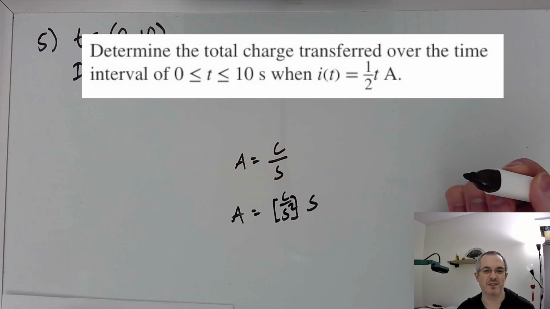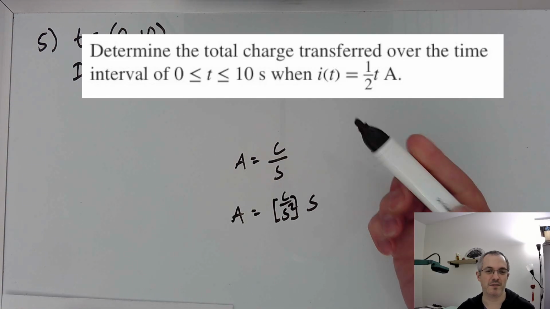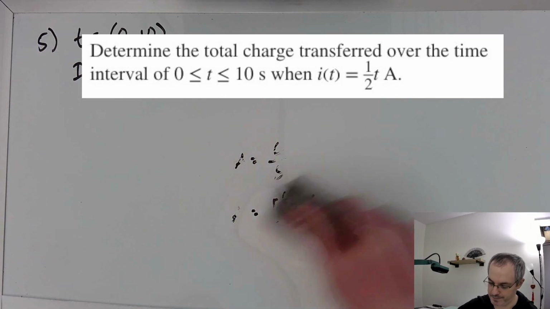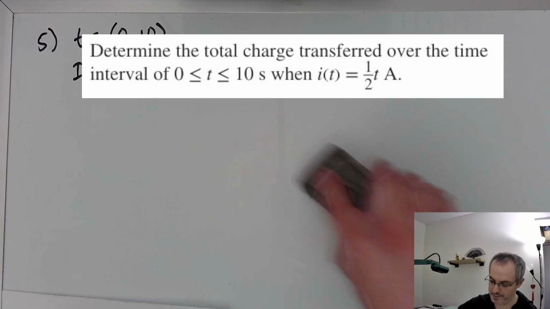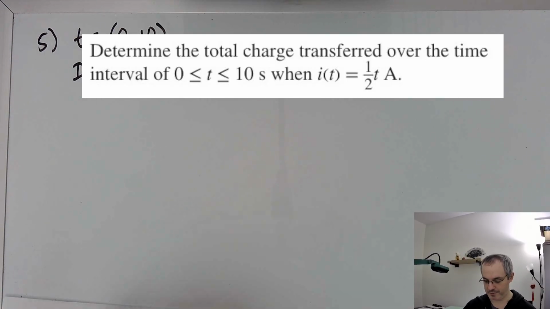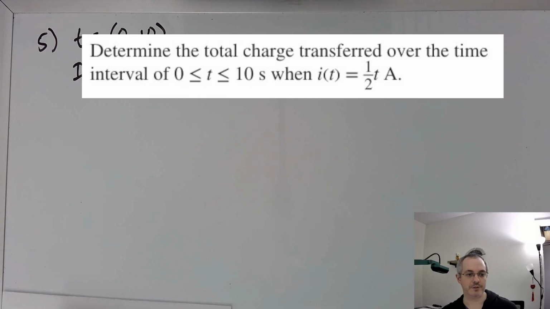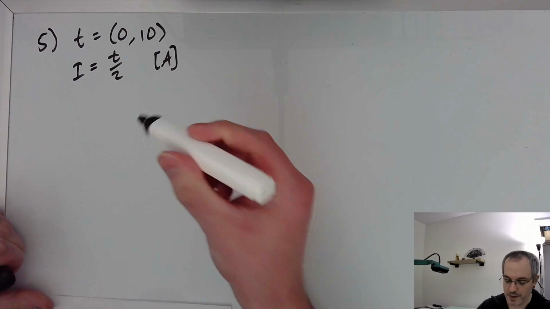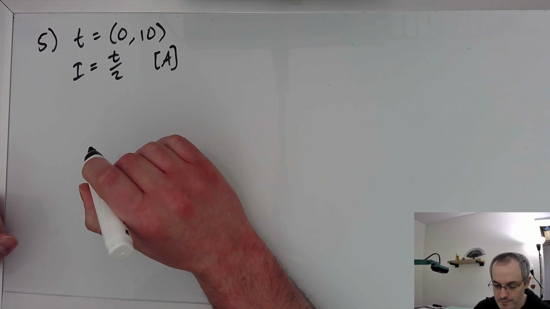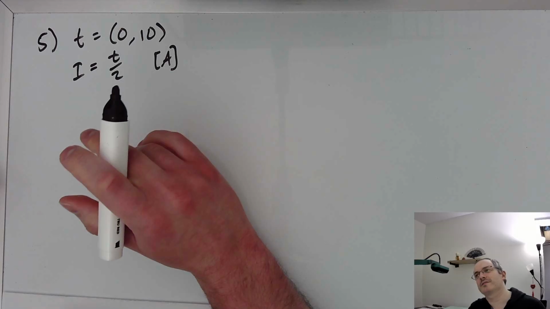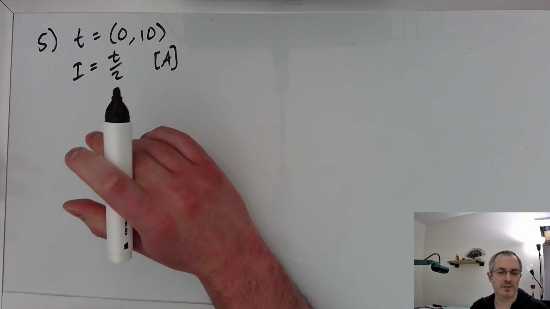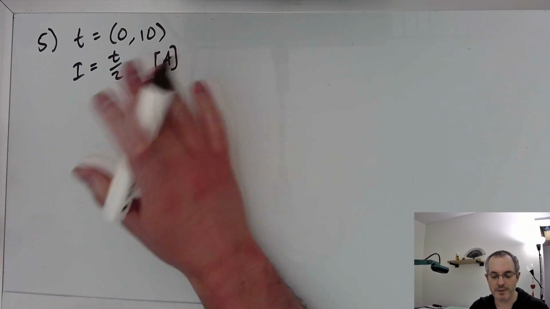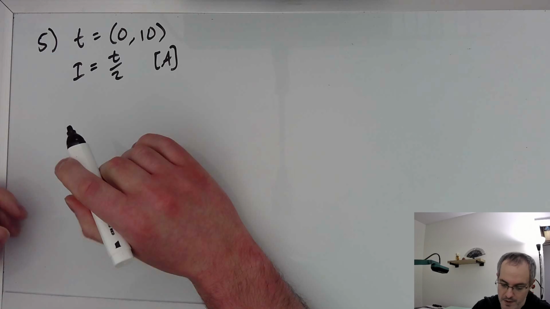It's just weird to think that the 1/2 has units. I don't like it, but there's not a lot I can do about it. We'll just try to ignore it. That's also why you should make sure all the units are in standard SI units, so that we don't have to worry about it.